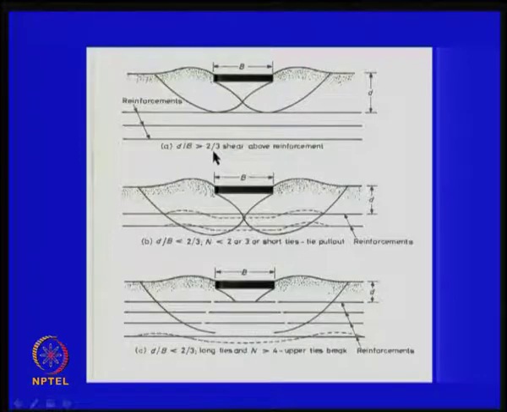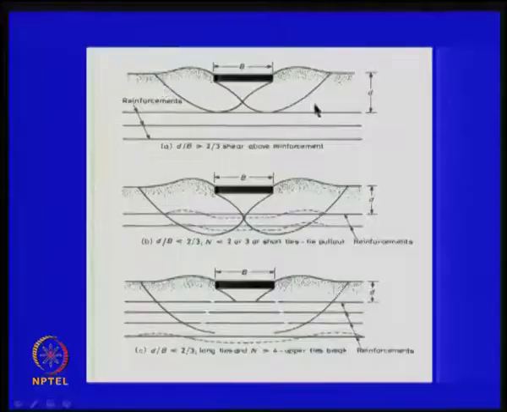So, the obvious thing is you should see that it should not be more than 2/3, it should be say for example 0.5, it could be 0.3. If the reinforcement is somewhat close to that, then it is possible, right. This is one important thing. So, this we call shear above the reinforcement as a failure mechanism.